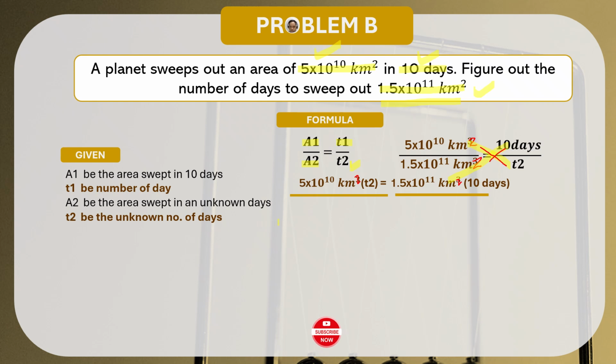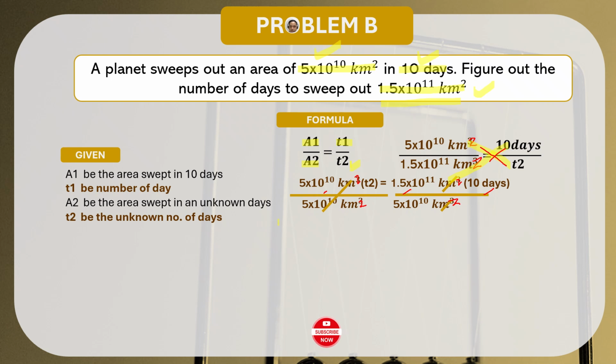First things first, we have to multiply these two factors here before we divide by this magnitude. Okay, we will divide both sides by 5 times 10 raised to 10 kilometers squared, and we can cancel same magnitudes or units in this equation.